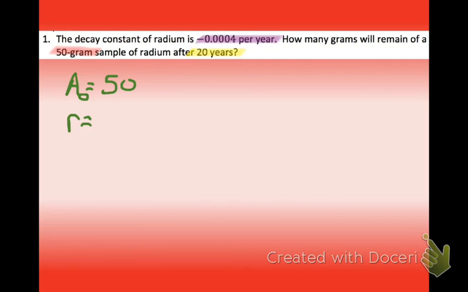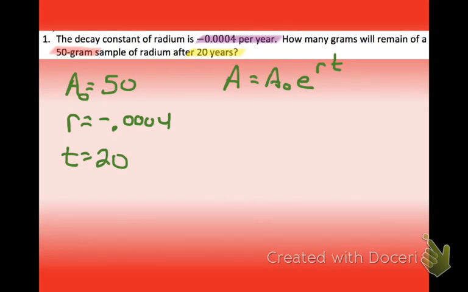Our rate is negative 0.0004, and our time is going to be 20. So looking at our formula, which was A0 e to the rt, now we just plug in. So our amount is going to be 50 times e to the negative 0.0004 times 20.